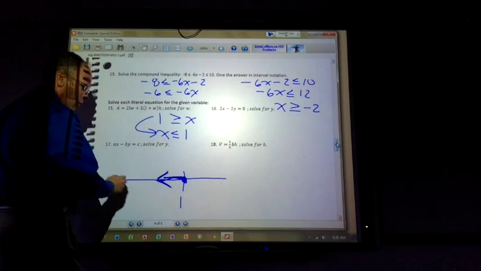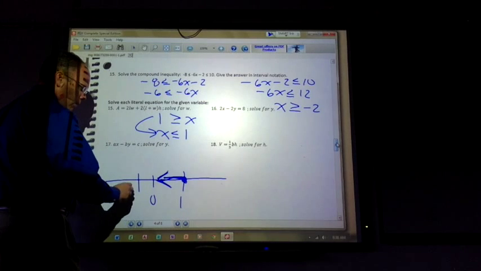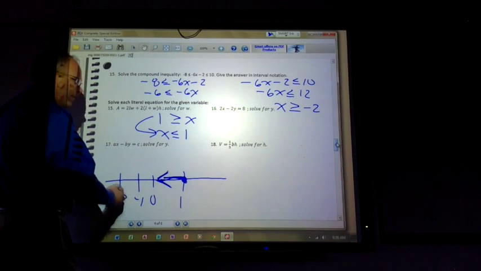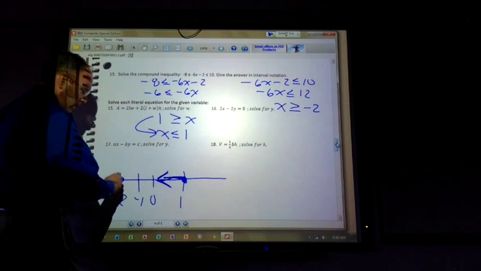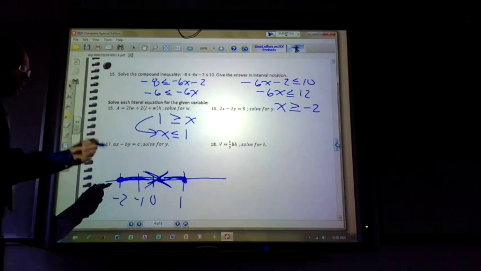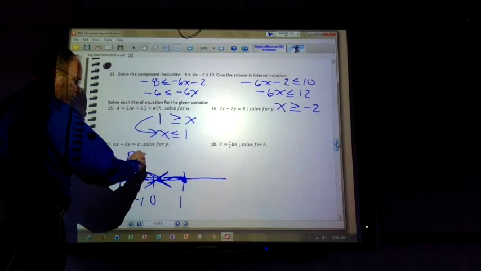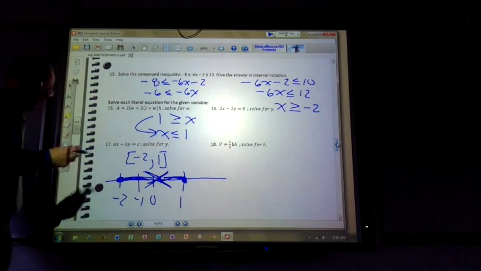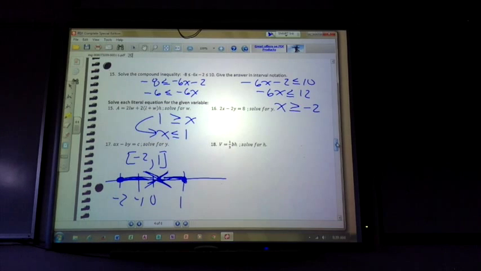So that's at 1, 0, -1, -2. This is a solid dot going this way. So you want everything in between. So it's a square bracket at -2, and it's a square bracket at 1. And that means we're dealing with all of the region in between those 2 numbers, and we're including the endpoints because we're using a solid, or we're using the equals then.